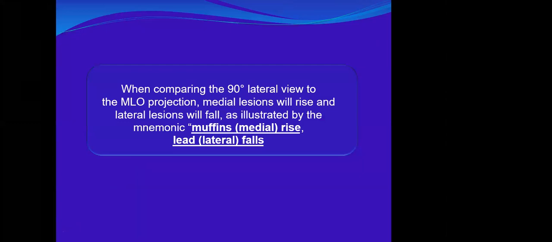As we mentioned before, when comparing the 90-degree lateral view to the MLO, the medial lesion will rise and the lateral lesion will fall, as illustrated by the mnemonic "muffins rise and lead falls," or sinks. Muffins reflect medial, and lead reflects lateral.